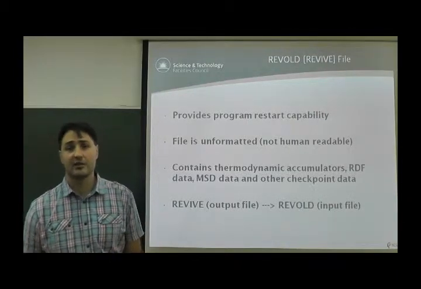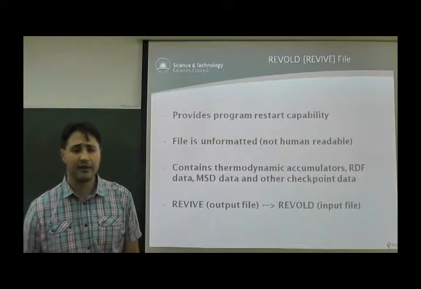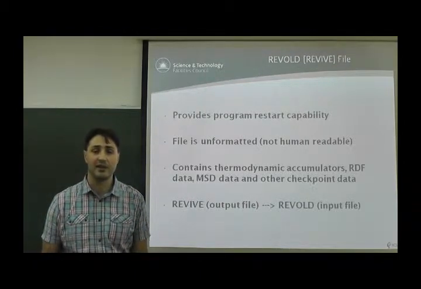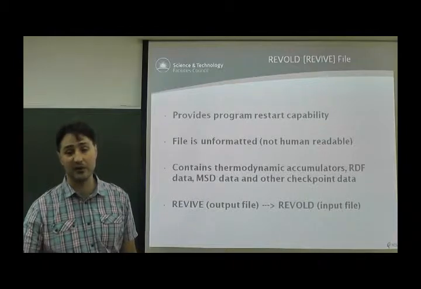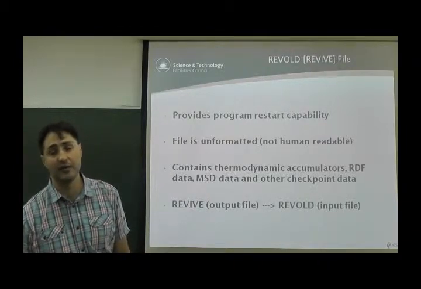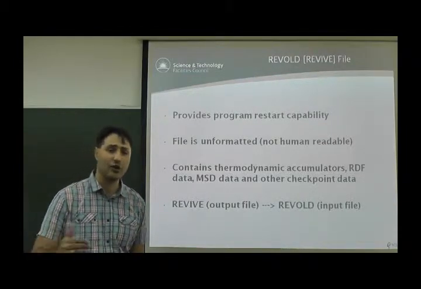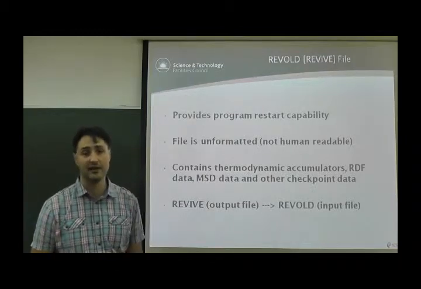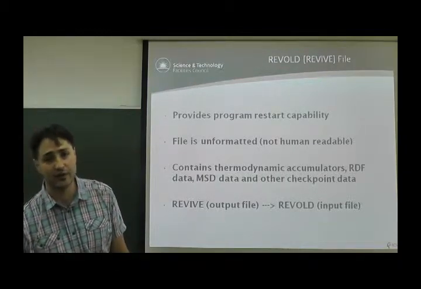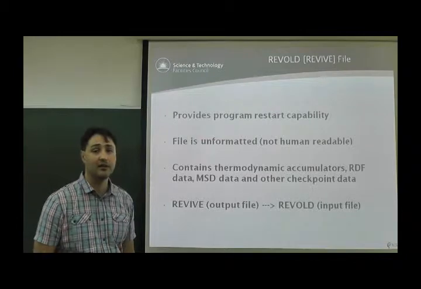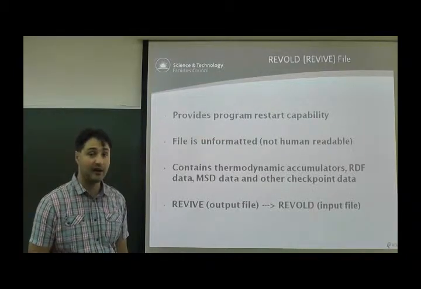It contains all the thermodynamic accumulators, radial distribution function data, mean square displacement data, and other checkpoint data needed for the specific ensembles. And if you want to restart the simulation from where we left off, we have to copy it to revive and be an input file, which will be the input file for the next simulation.